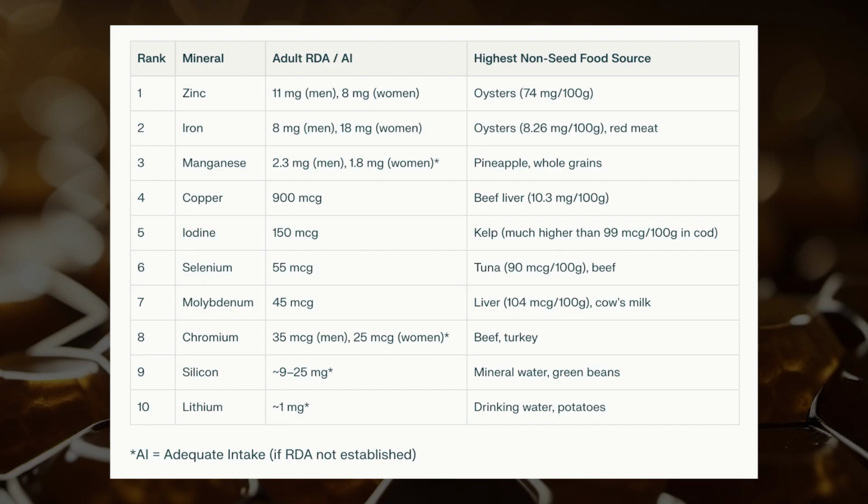Here's a table rank ordered of trace minerals. And you can see of the trace minerals, zinc, 11 milligrams per day for men, 8 for women, all the way down to lithium, which is about 1 milligram per day. Now, silicon and lithium I included. They're not normally included in this list, but I included them because they're critical for buffering against some of the metals.